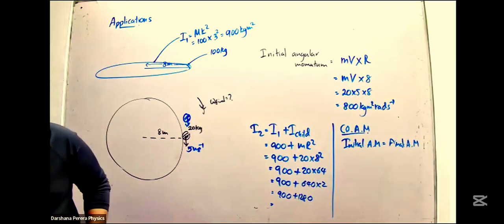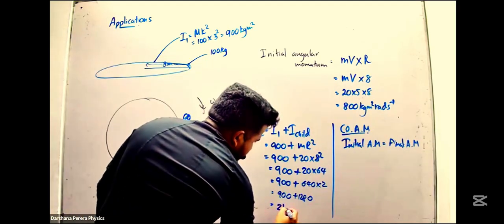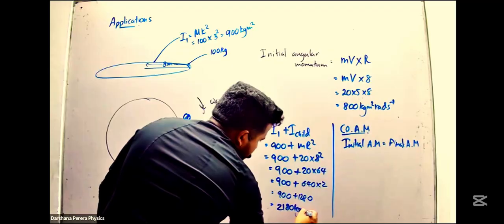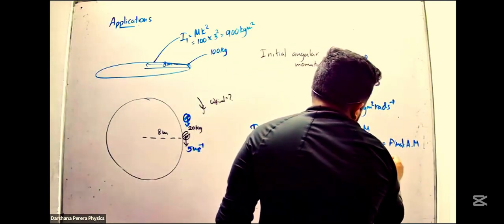Therefore, what is the final I value? The initial angular momentum is 800.